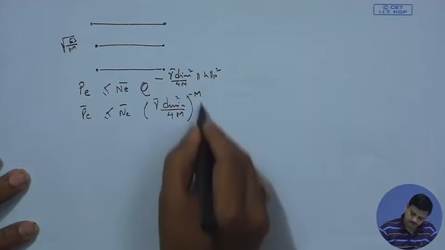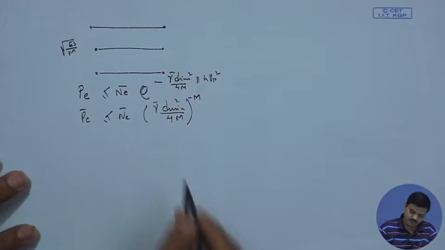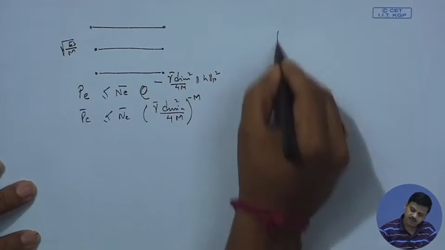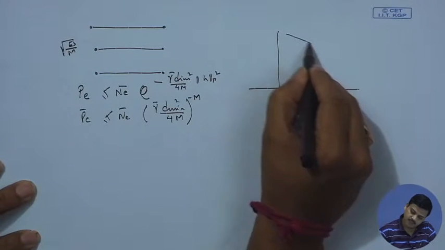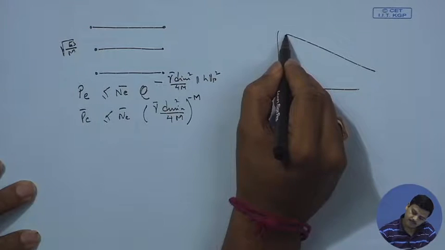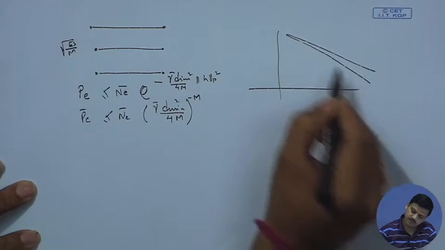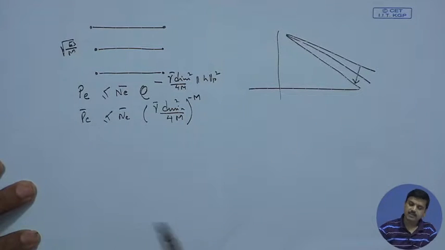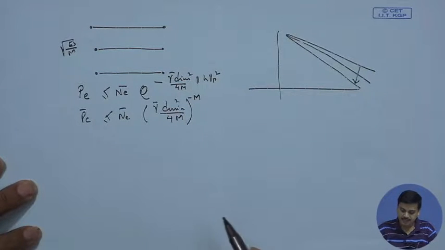And here we explained about the order of diversity. Now as M increases, your diversity gain increases. We have also said that if this is the performance of no diversity, then this is the performance of one order of diversity, two orders of diversity, and so on. So the slope increases as M increases. This is what we have explained.